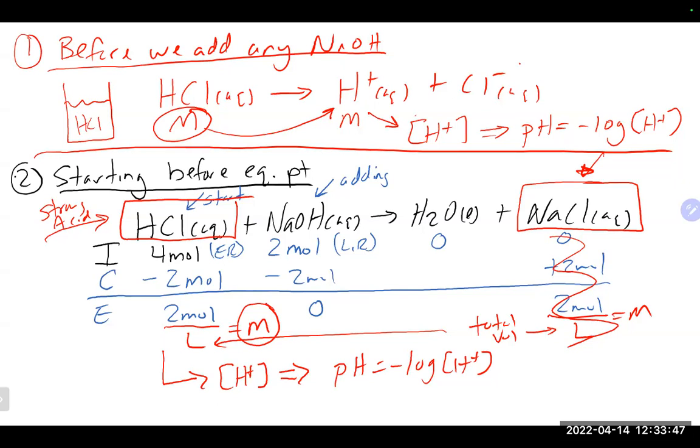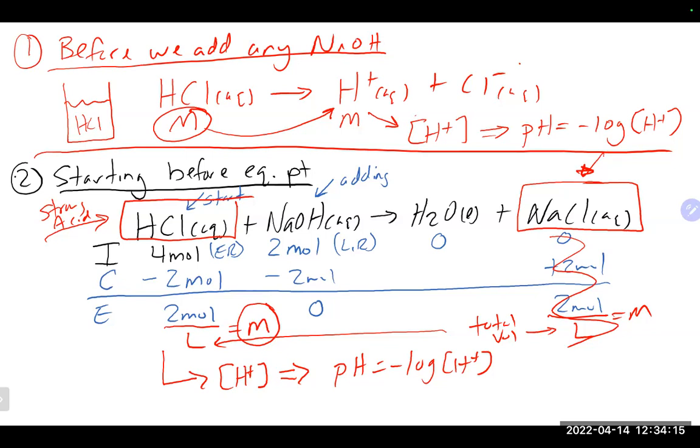The sodium hydroxide being added should be limiting and should be used up. So 1 ice table in moles, convert it back to molarity at the end. The reason you want to convert it back to molarity is the pH is minus the log of the H plus concentration, not minus the log of the moles. So if you leave it in moles, you will get the wrong answer. So it's very important to convert that back to molarity at the end of that table.